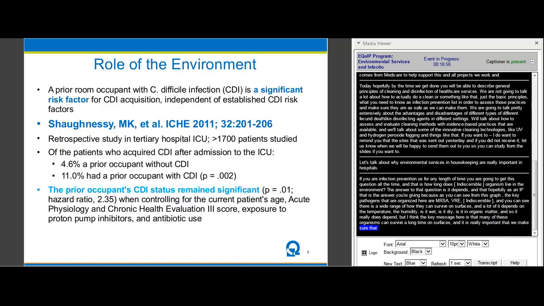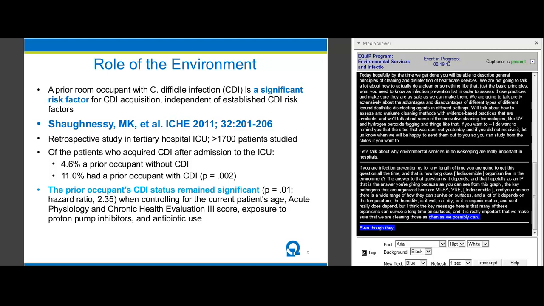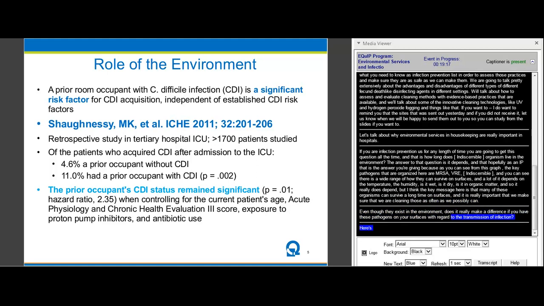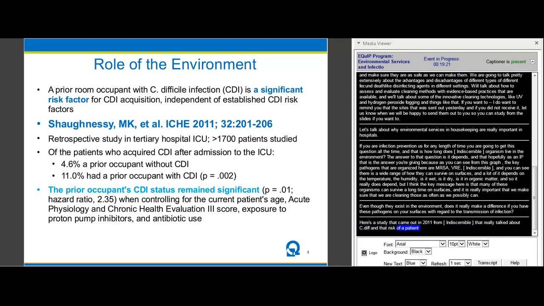Now, even though they exist in the environment, does it really make a difference if you have these pathogens on your surfaces with regard to the transmission of infection? So here's a study that came out in 2011 from Shaughnessy, who really talked about C. difficile and the risk of a patient getting C. diff simply from being in a room that was previously occupied with a person who had C. diff.